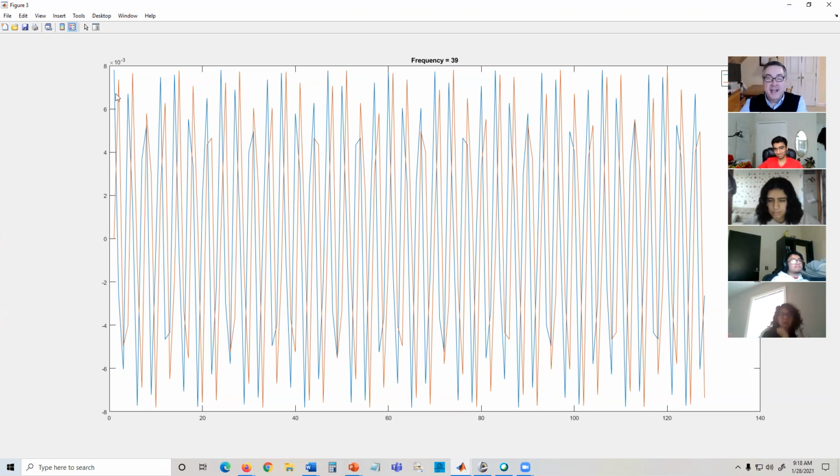More or less what's happened is that, first of all, we've joined sample points with lines, which isn't totally fair. And it's just hitting the sinusoidal parts at different parts of the cycle. But this is a basis function for this discrete system and would, again, if we put that into a linear shift invariant system, we would get something that looks like that out, but its amplitude might be affected and it might be time shifted a little bit. But it completes 39 cycles.